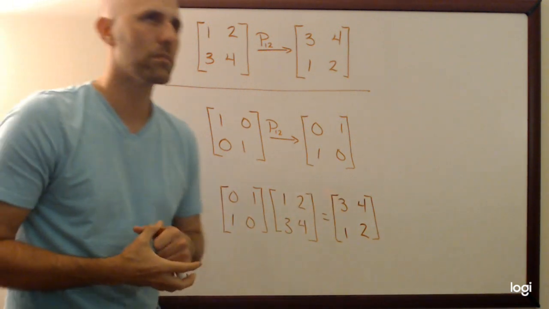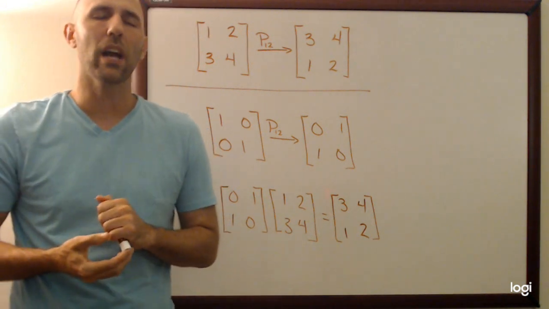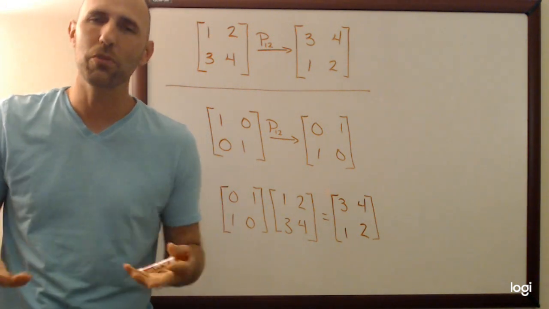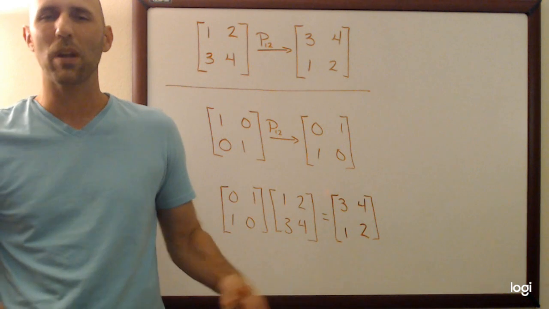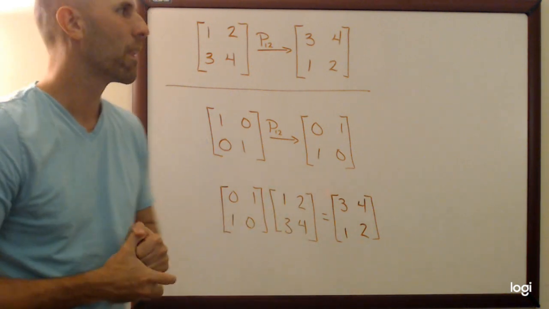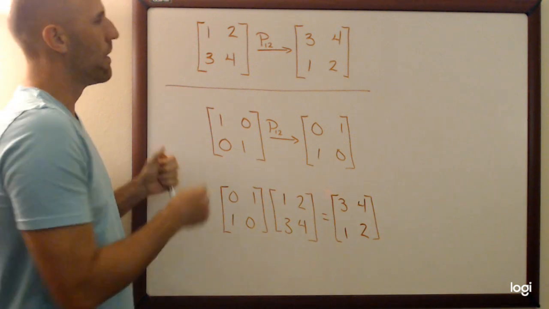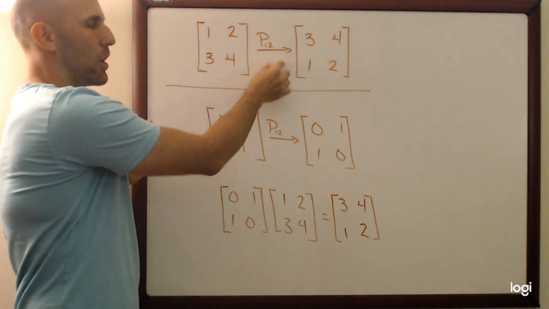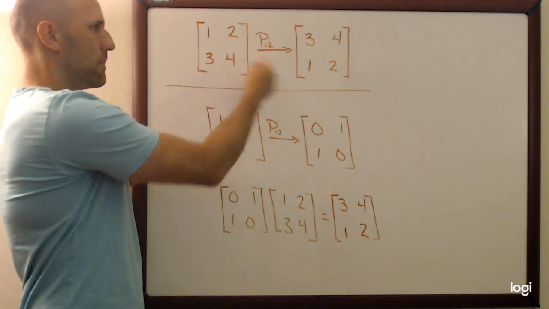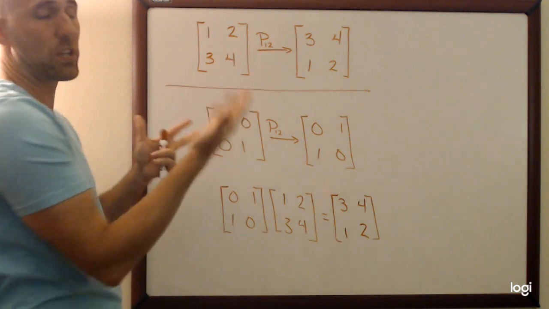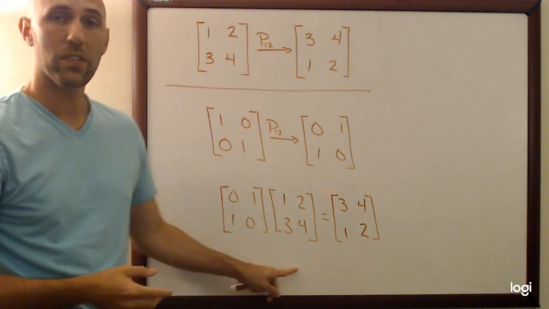Now, hopefully you're thinking, yeah, but why would I ever want to do that? It's just more steps, right? Why wouldn't I just use the original one? Well, the reason we may want to do this is, remember, this is not an equation. There's no equal sign between these two things because they're not equal, but this is.